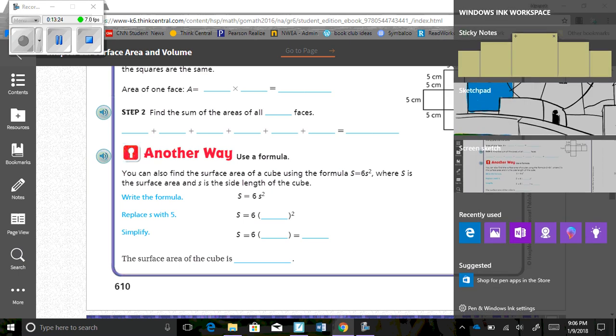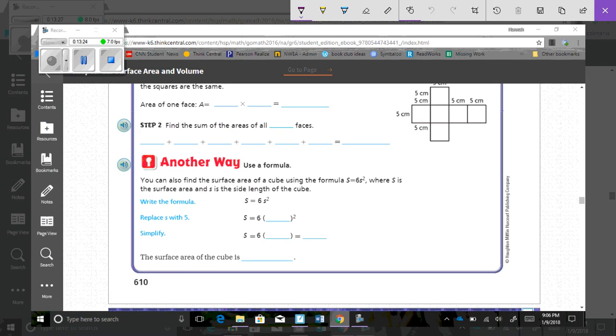And another way to think of that is to use a formula. So you can also write the surface area of a cube using the formula S equals 6 s squared, where the capital S is the surface area and the lowercase s is the side length of the cube. So if you write the formula, capital S equals 6 lowercase s squared, then replace the lowercase s with 5.